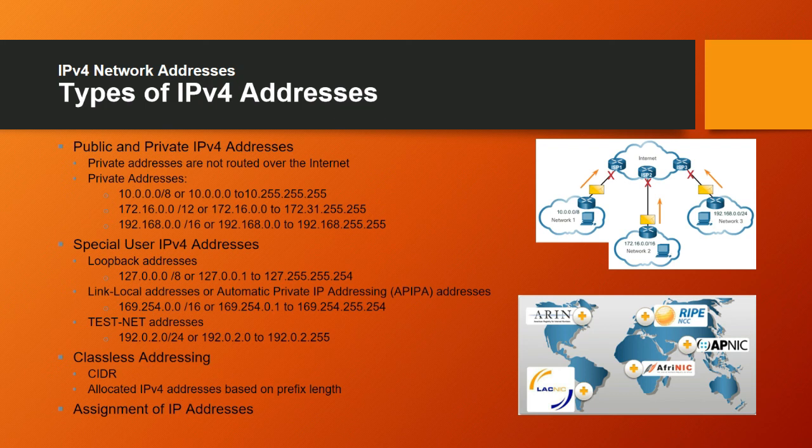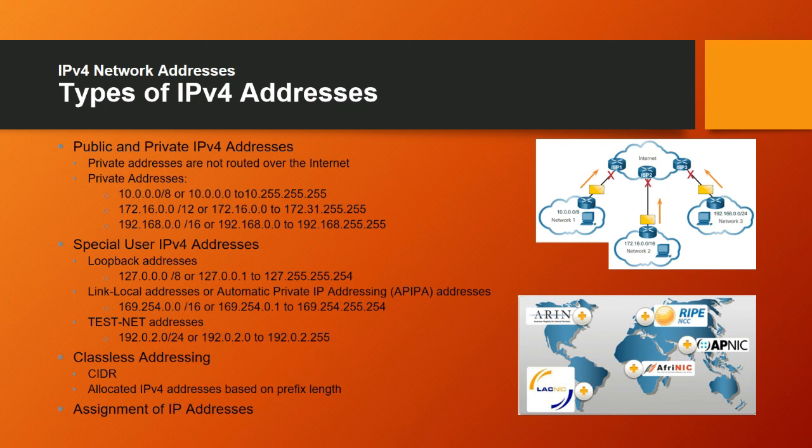Special use IPv4 addresses include loopback addresses: 127.0.0.0/8, or 127.0.0.1 to 127.255.255.254.